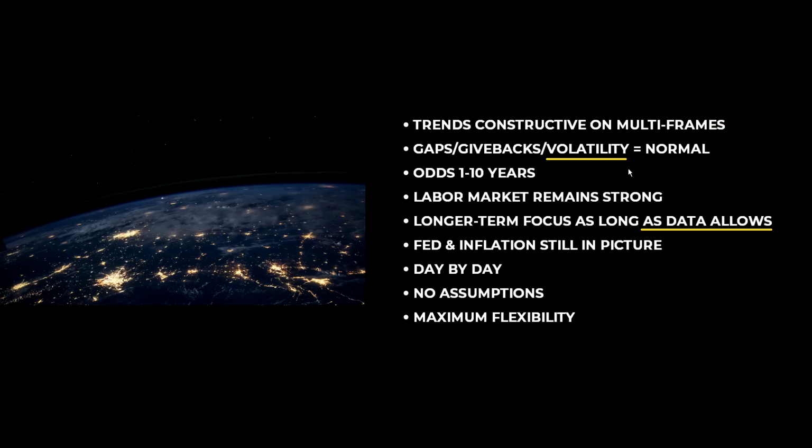And if the bias is for higher interest rates, then for the most part the bias will be for higher volatility as well. The setups that we have currently tell us that the odds that the stock market will be higher in 1 year and in 10 years have improved significantly in recent months. And that's what happens when a secular bullish trend gets back on track.